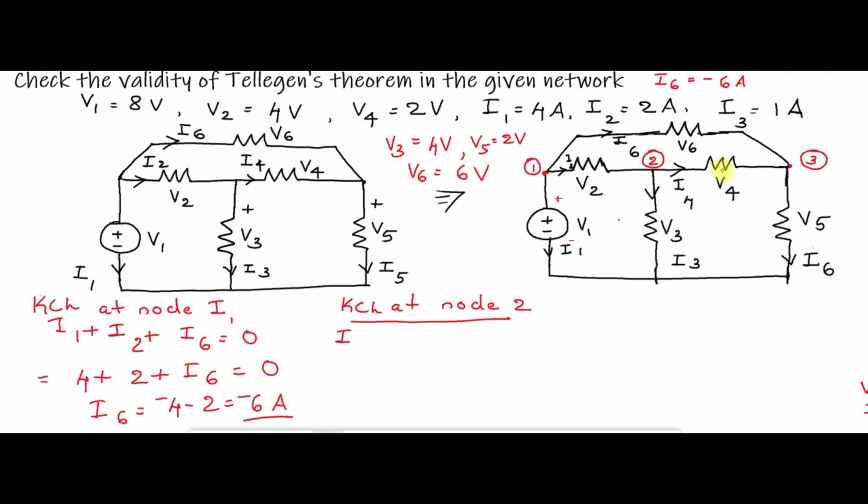So I3 plus I4 minus I2 is equal to 0. Here you know that I3 is equal to 1, I4 we didn't know, and I2 is 2. So I4 is equal to 2 minus 1, which is equal to 1 ampere. So you got I4 also: I4 is equal to 1 ampere.